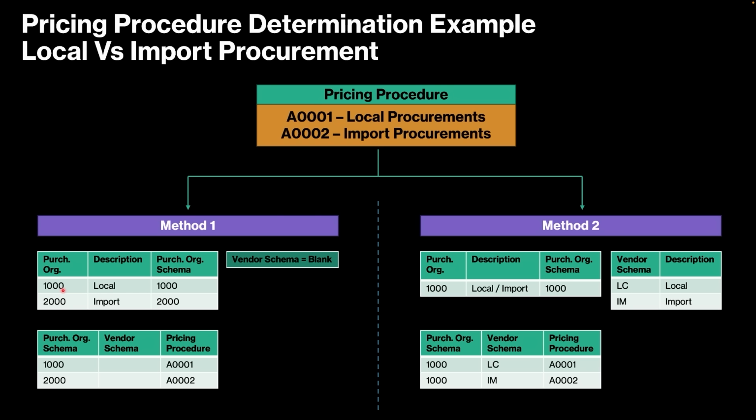Okay, so in this way you can design your own pricing procedure determination based on various scenarios and various available pricing procedures in your system, so that the correct pricing procedure is determined while creating the purchasing documents.